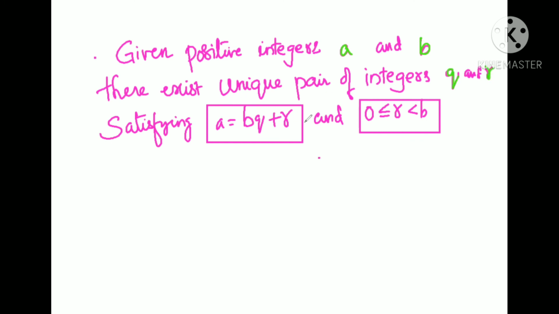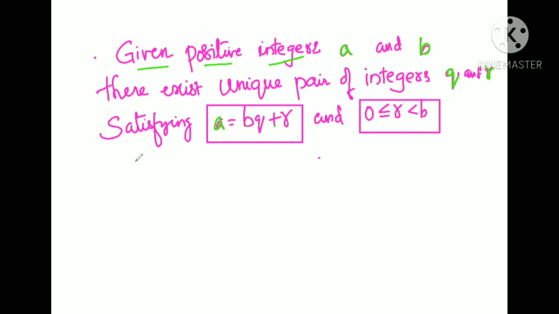Here A means dividend, B is divisor, Q is quotient, R means remainder. And that R should be greater than or equal to 0 and less than B. So this is the Euclid division lemma.